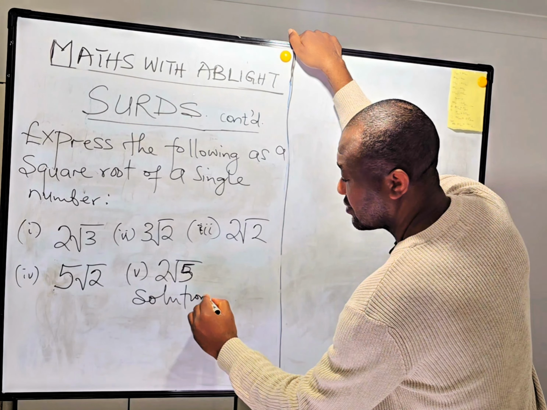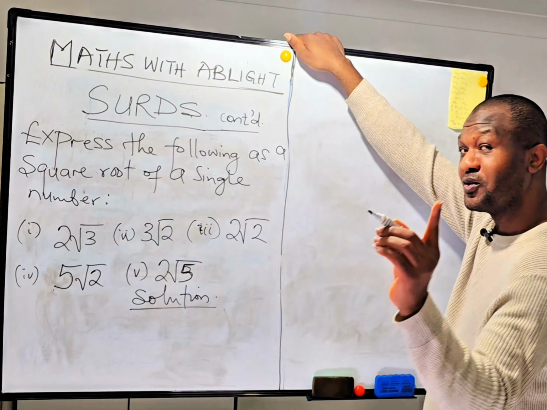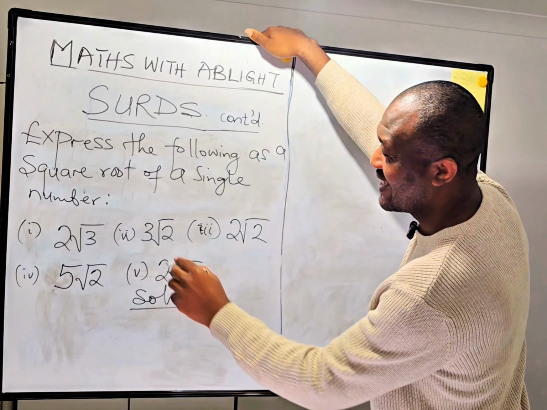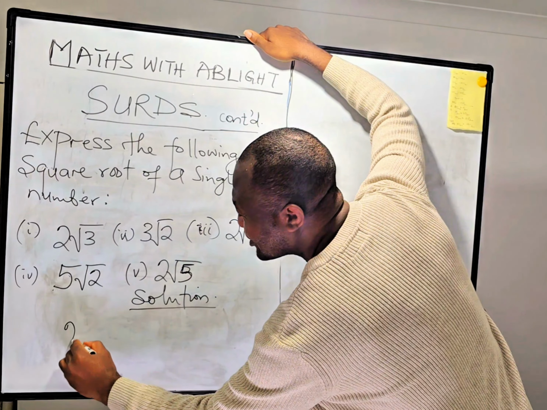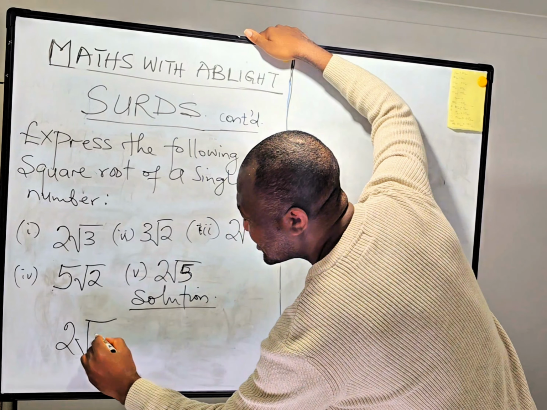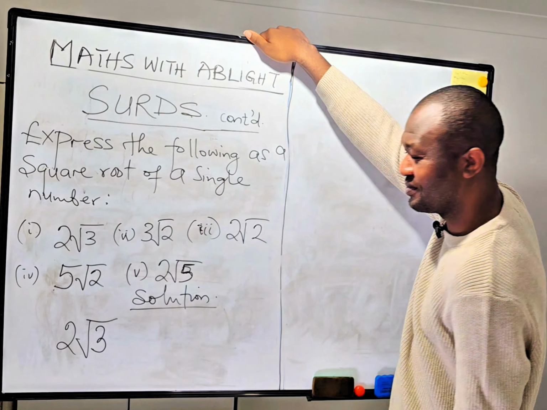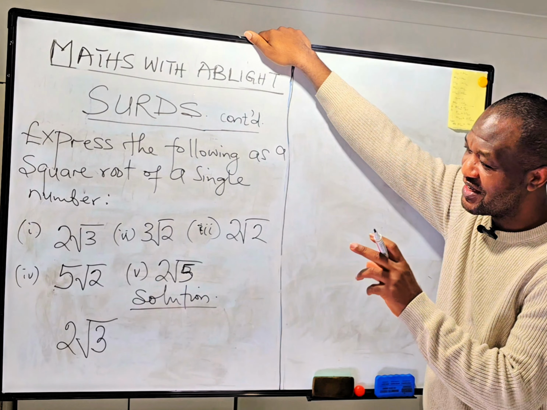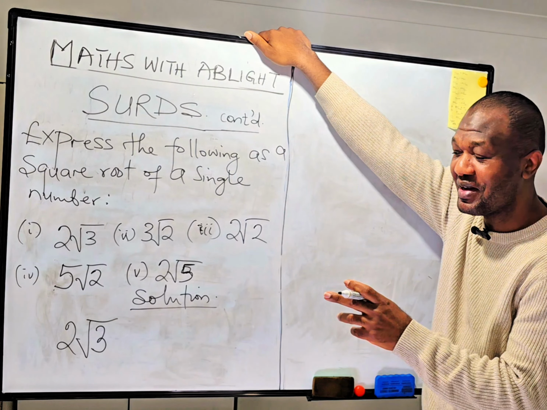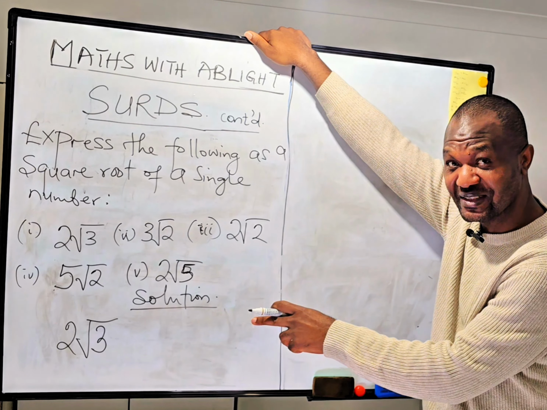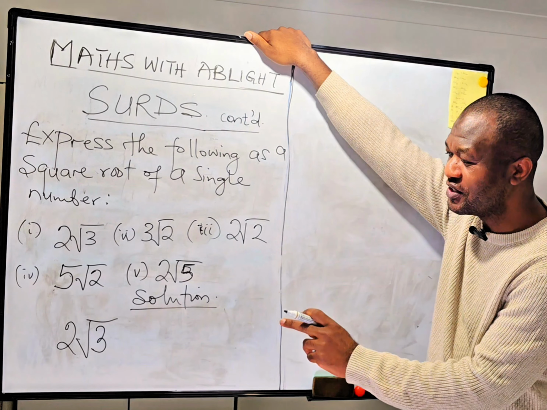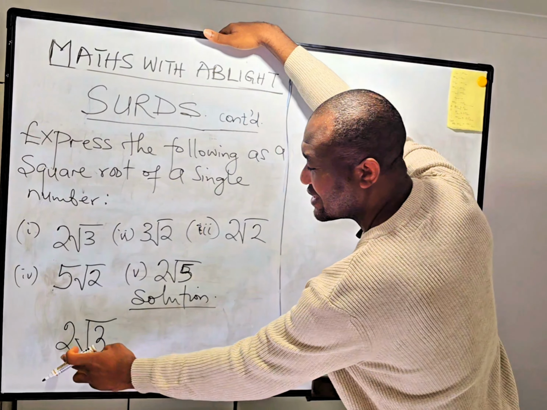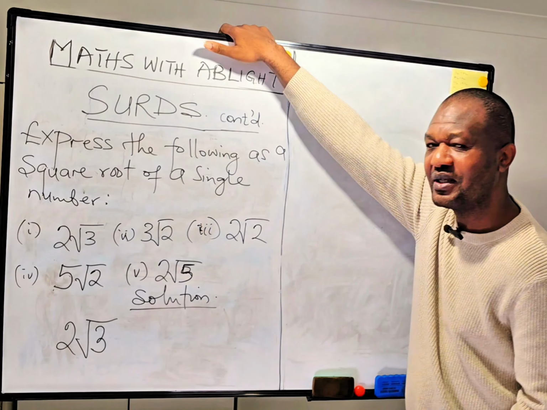Solution. Oh, sorry, solution here, do not forget that. Now the first one says 2 root 3. In order to get the original single number or square root number that gave this answer, all you need to do is find out what is the square of 2.